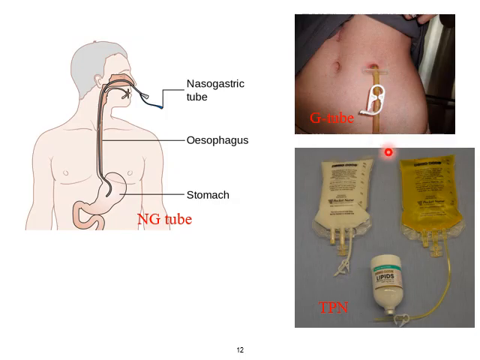This tube, we can connect what we call a piston syringe, and we will pull and aspirate to check for residual. There should not be a lot of residual when we're giving a patient some feedings, because the normal process should be once it gets to the stomach it starts digesting and it starts going to the small intestine, right?